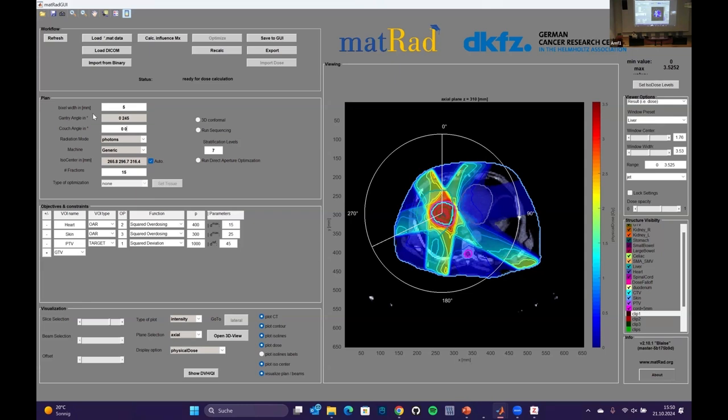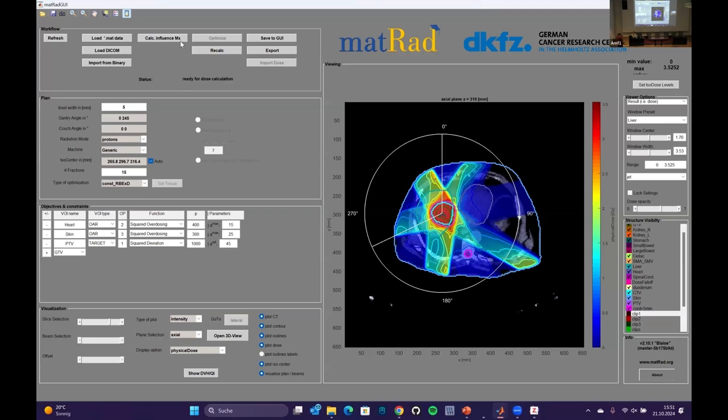I will go for two beams. As said, with protons you don't need five beams. You can reduce your number of beams a bit, to maybe only two beams or a maximum of three. I will go with two. Do not forget to switch to protons. I sometimes forget that and I wonder what's going on. So I will do something like this.